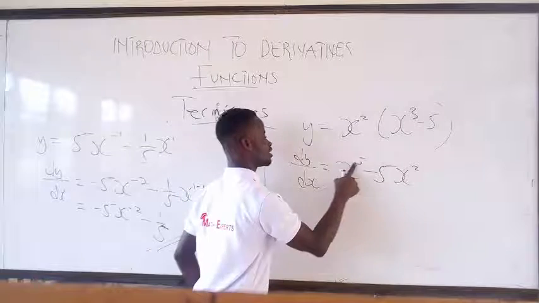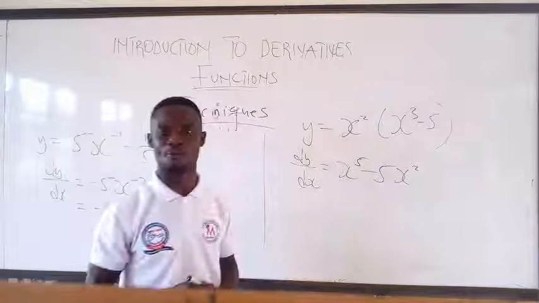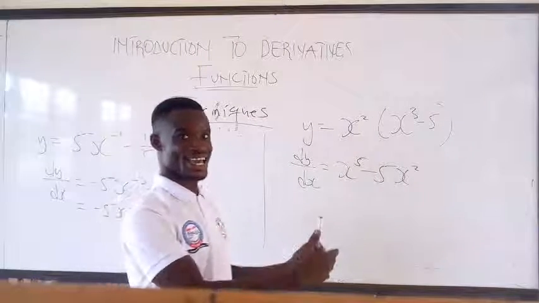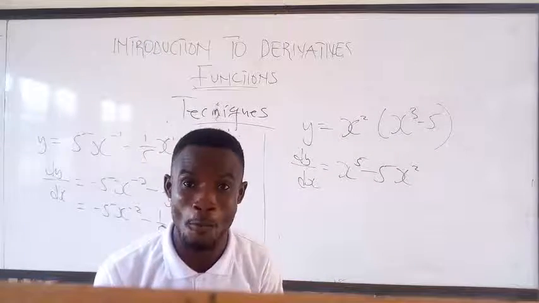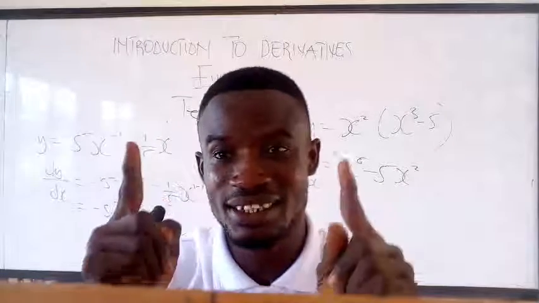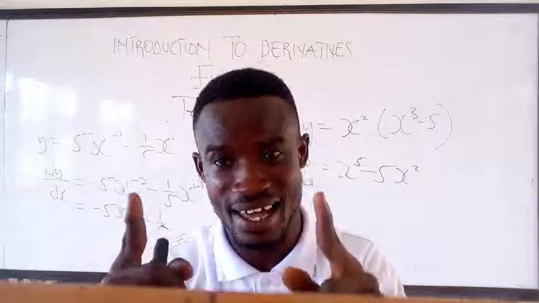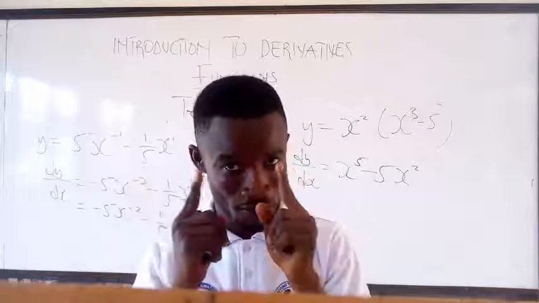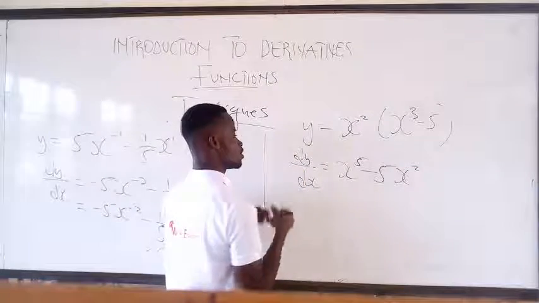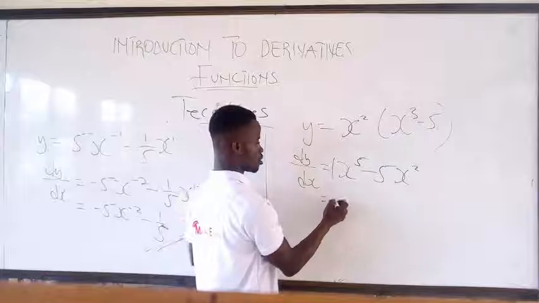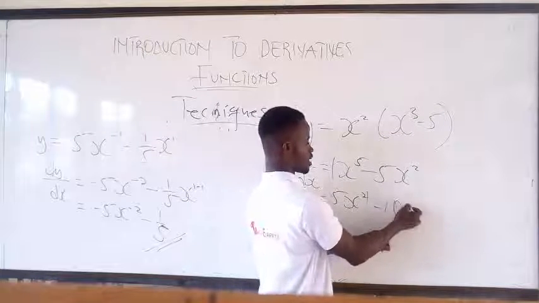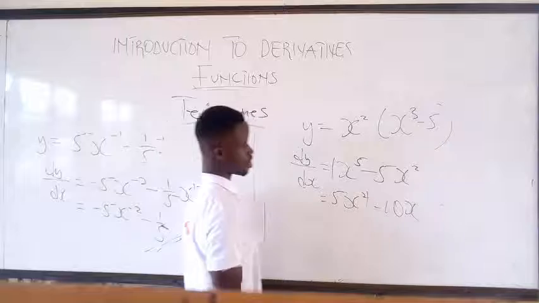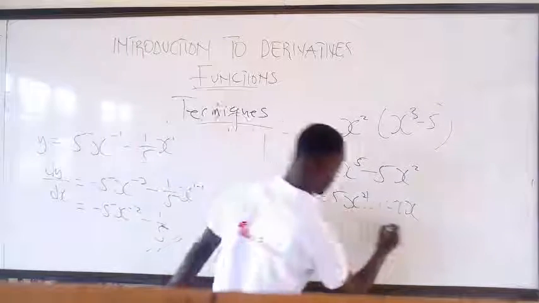Wow! So you see, it's now in that form. You see that form? ax to the power n. Please, if it's not in that form, you can't use the idea. Don't forget it. So 5x to the power 4 minus 10x. And you are there.